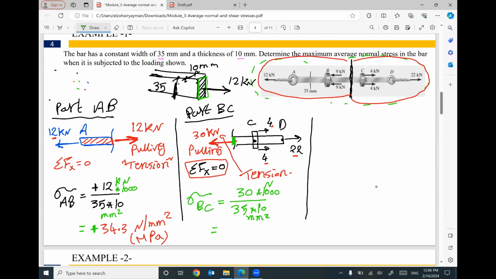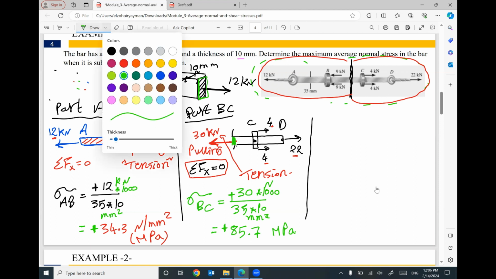The final value will be positive because it's a tensile stress. How much? 30,000 divided by 35 times 10. The value will be 85.7 megapascal. Megapascal means Newton per millimeter square.